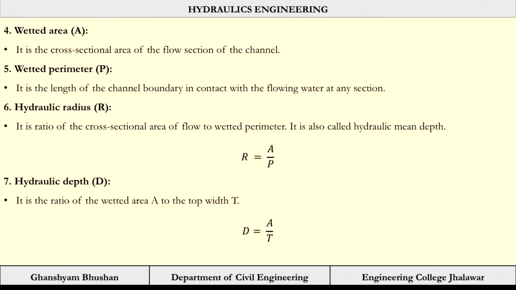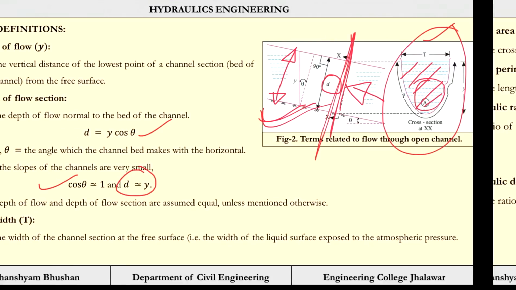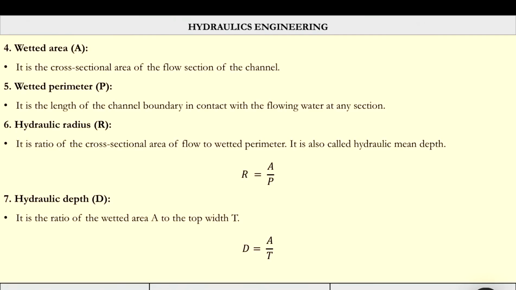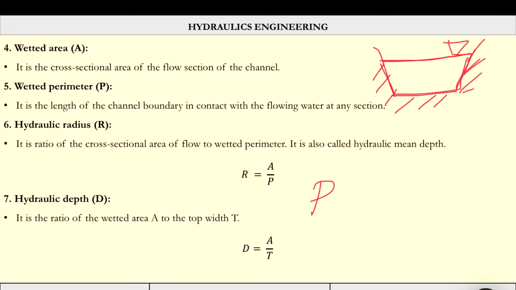One more term is your wetted perimeter, the perimeter which is wetted. Let us say the cross-section is a trapezium. In general, the perimeter would be the sum of all the sides. But in the case of an open channel, we have to consider the wetted perimeter.